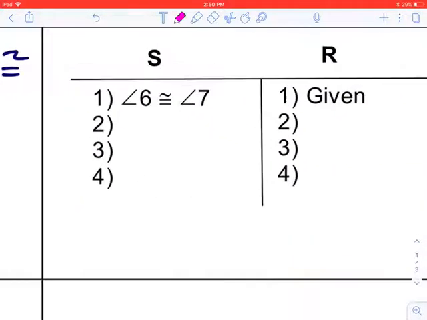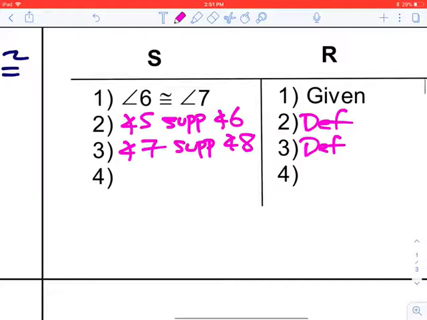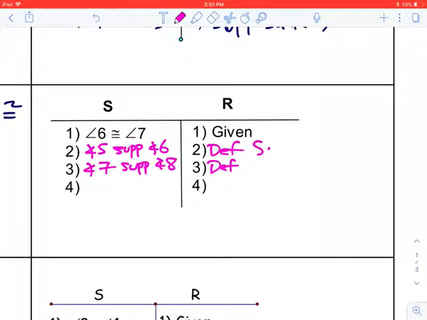Okay, so angle 5 is supplementary to angle 6. Angle 7 is supplementary to angle 8. And both of those, I saw in the picture. They're next to each other and they create a line. So that's the definition of supplementary angles. Okay.